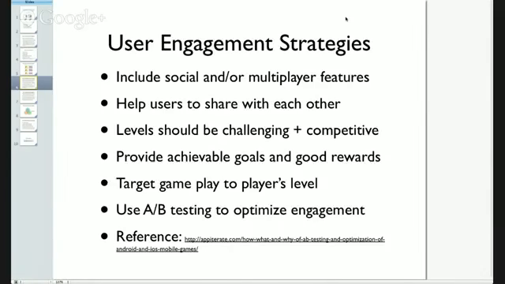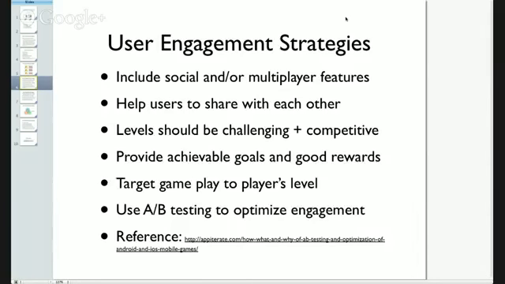So that's the thing. And you also want to make the game challenging, but not too challenging, right? So this is where you're targeting the gameplay, and competitive, right? When it's competitive with other players, with your friends, that makes it more engaging because you can share with your friends. And so this whole sharing, competition, and making the game at the right level for the player.